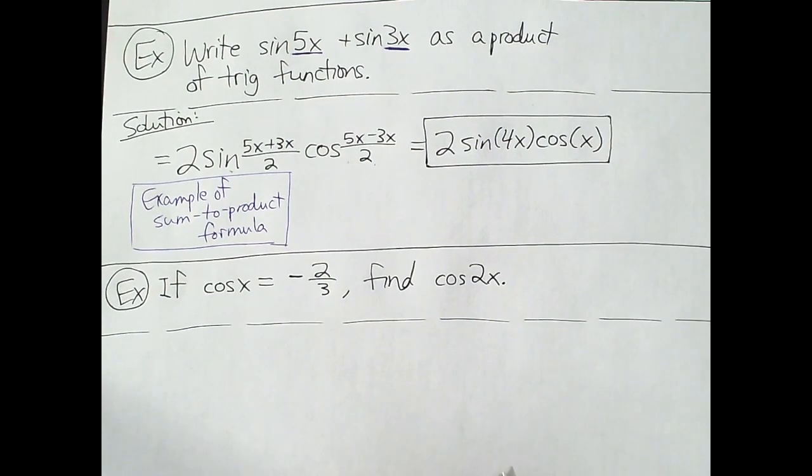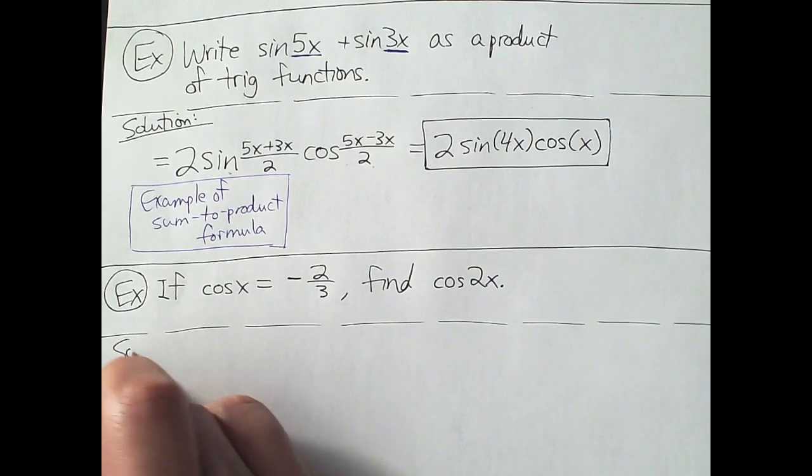I guess one thing that comes to mind is, if cosine of x is negative 2/3, do I know what x is? If this was like 1/2, then I think maybe I could try to figure out what x is, because I know cosine of a certain angle equals 1/2. But do I know an angle that when I take cosine of it, I get negative 2/3? Not really. I'm trying to think of inverse cosine, but 2/3 is not really a nice number that we see very often. So let's forget about that idea.